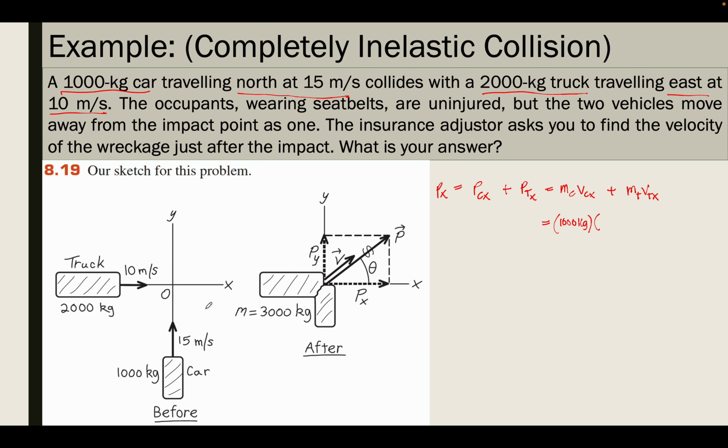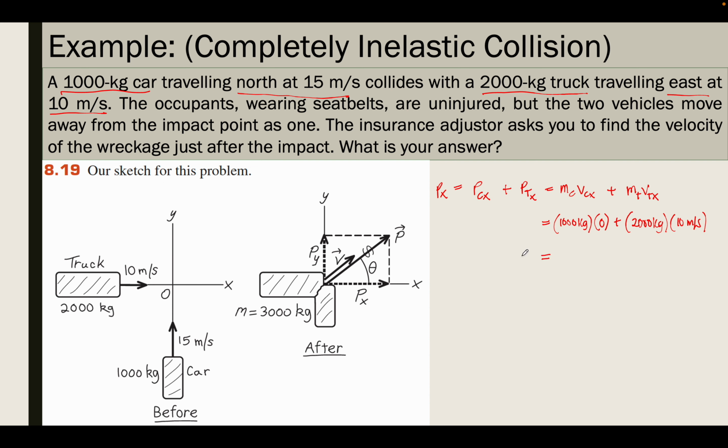Now notice here in our sketch that the car is moving along the y-axis. So our velocity of the car along the x-axis is 0. And then we have plus the mass of the truck is 2,000 kilograms times the velocity of the truck along the x-axis, which is 10 meters per second.